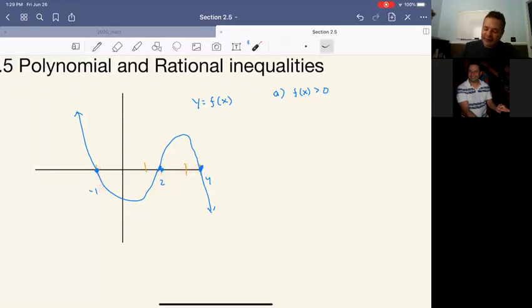Now, since this inequality is strict, you have to be strictly greater than 0, you're not going to include the endpoints. Okay, so you're going to have -infinity to -1 together with 2 to 4. Okay, so this is indicating we are not including the endpoints.